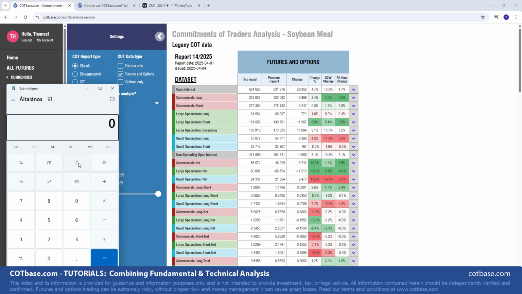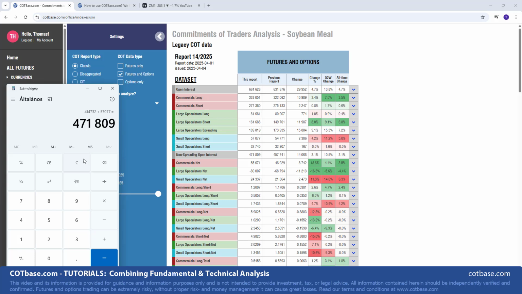What we are going to do is add commercials long, which is 333,051 contracts. We are going to add 81,681 long from large speculators, and there are 57,077 contracts from small speculators.